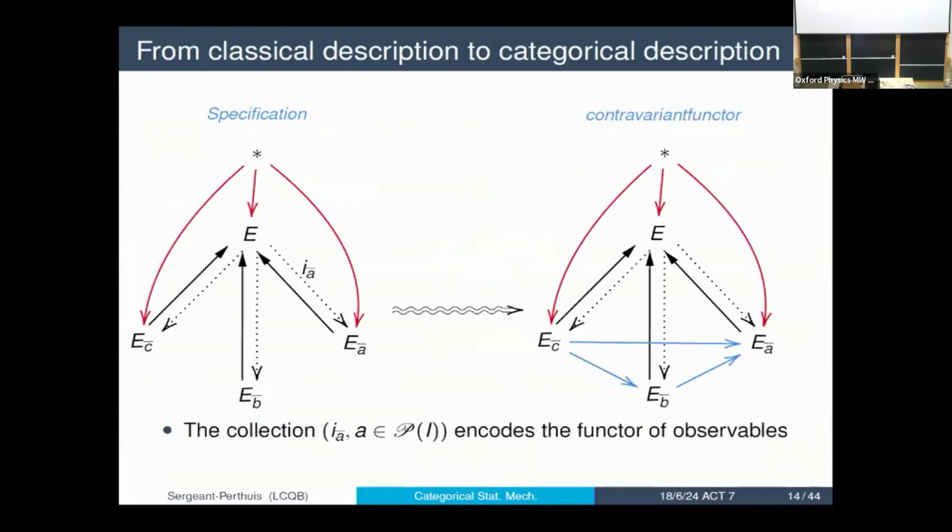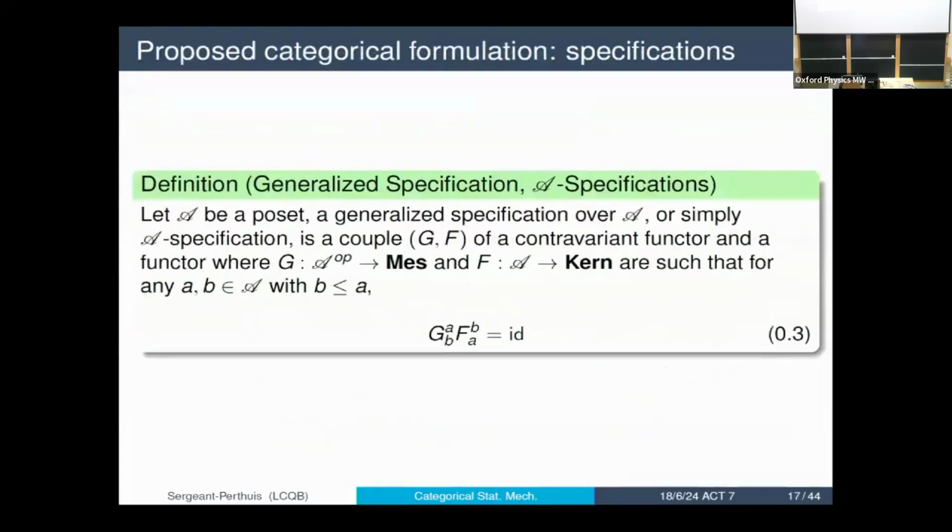So now the blue lines here are the traces of the Markov kernel on the local variables, and the dashed lines go the other way around, and so you arrive at this definition, which is a more topological definition of what a specification is. A specification, being a statistical system, is simply a couple of a contravariant functor and a functor. One goes into the category of measurable spaces, one goes into the category of Markov kernels, such that one is a section of the other.